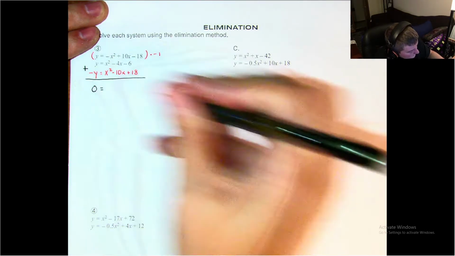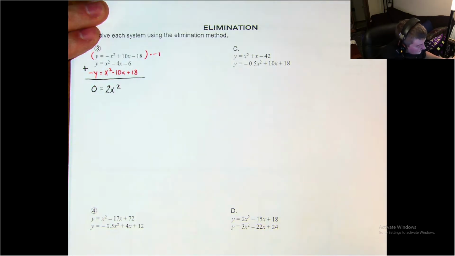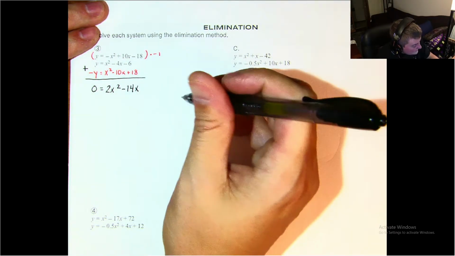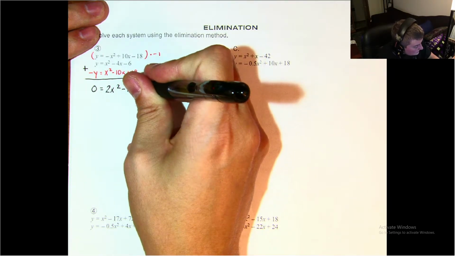They cancel out. x squared plus x squared is going to be 2x squared. Negative 4x plus negative 10x is negative 14x. And then negative 6 plus 18 is going to be positive 12.